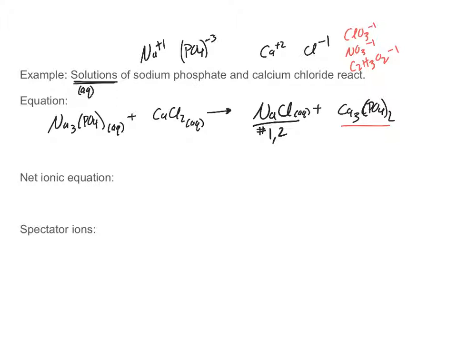Rule number 4 says sulfates are soluble except if they're with calcium, strontium, barium, mercury, lead, and silver. And in case you forgot, sulfates are SO4 with a -2. So is there an SO4 present? No. So then rule number 5 says phosphates, carbonates, and chromates are insoluble.